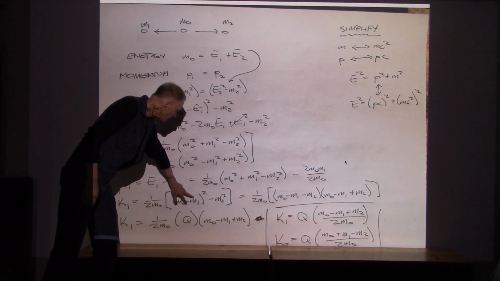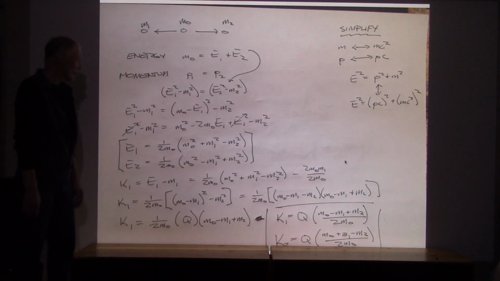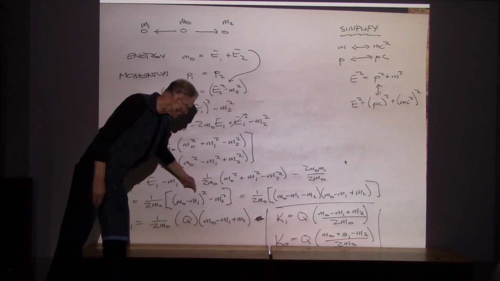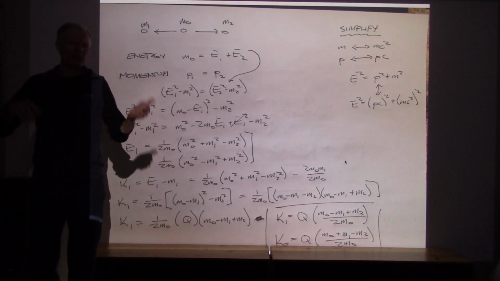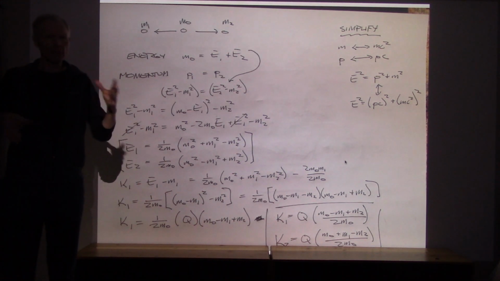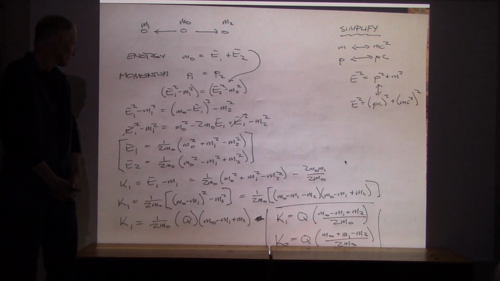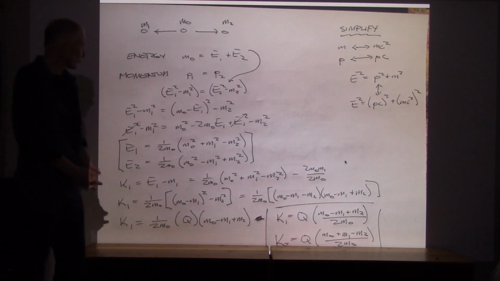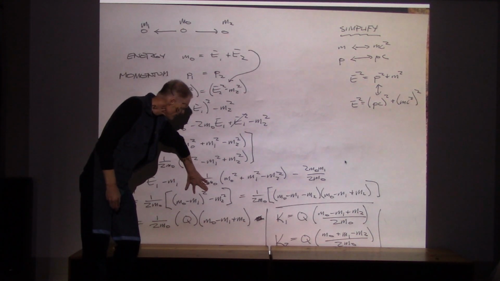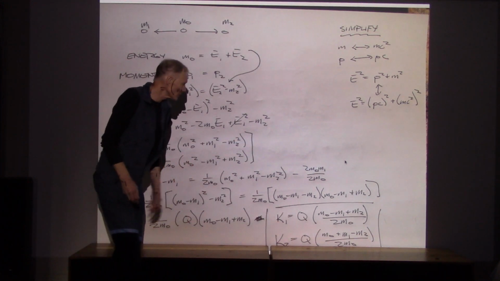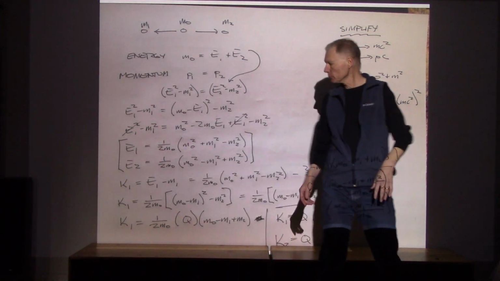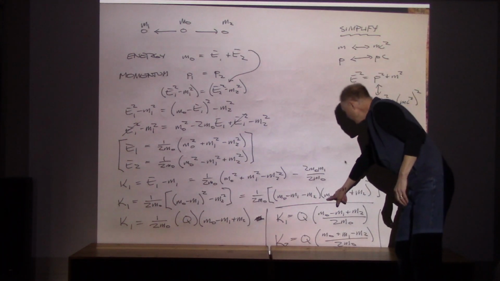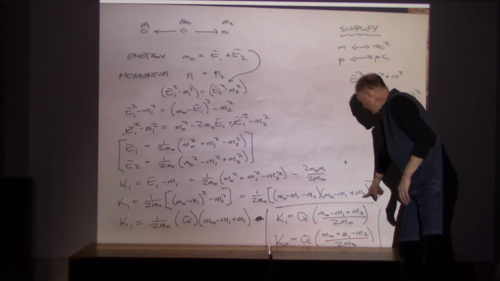I've got this m naught minus m1 squared, and the final step is to recognize this is the difference of two squares. If you loved manipulating all these factors back in your calculus and math classes, this is a perfect derivation, because now I can factor that into m naught minus m1 minus m2 times m naught minus m1 plus m2.